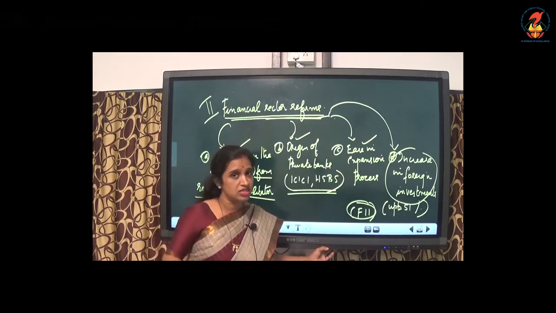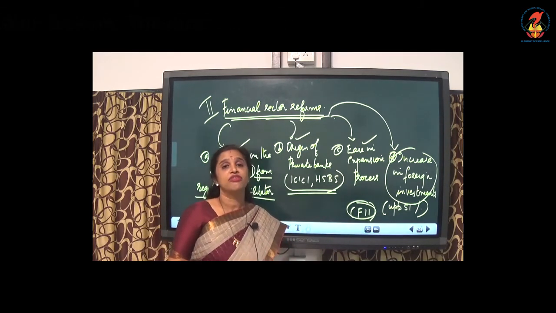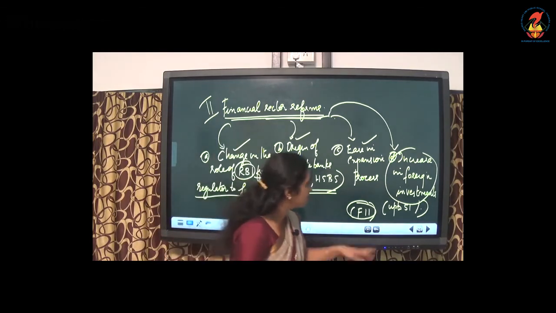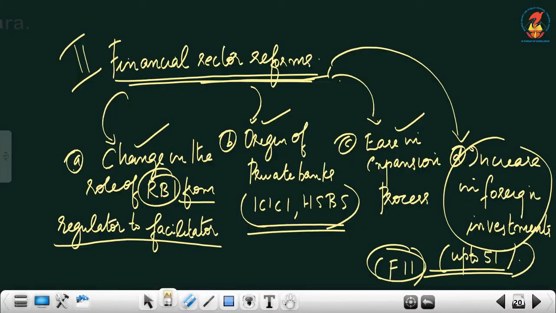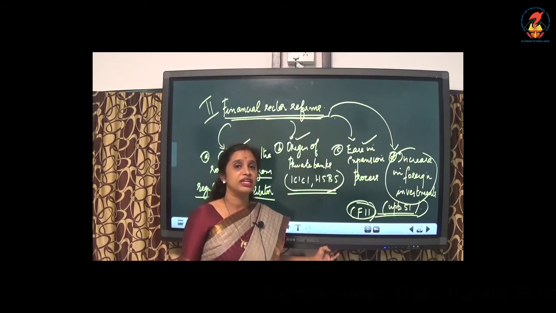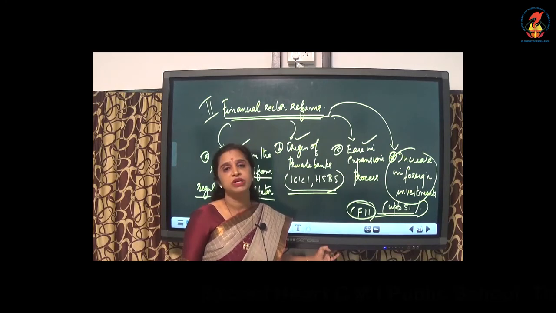If the foreign investors are investing in our country, the foreign exchange reserves can be increased. Likewise, the foreign investment increased up to 51% during that time period. That was a positive sign reflected due to the financial sector reform in India.